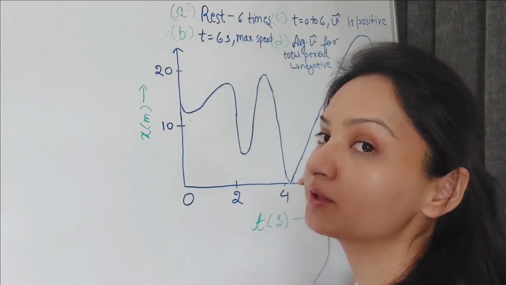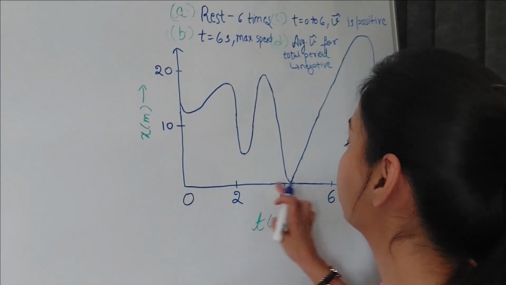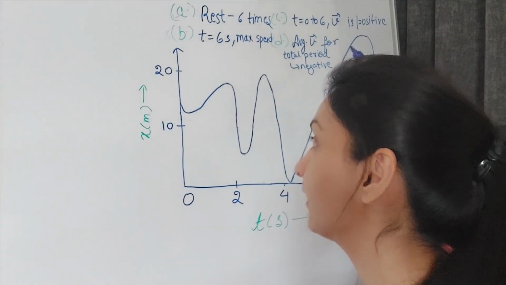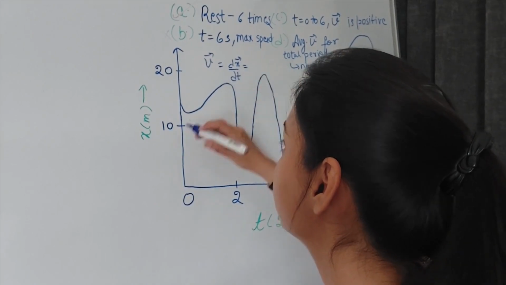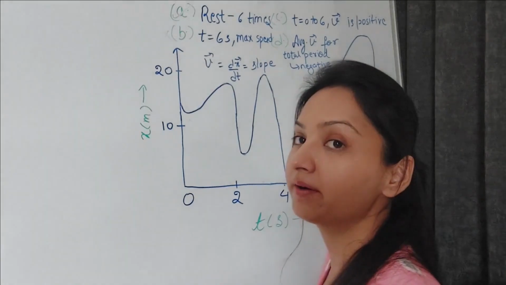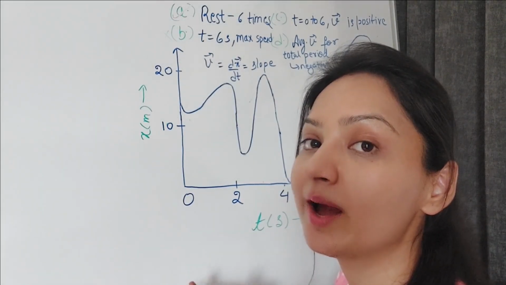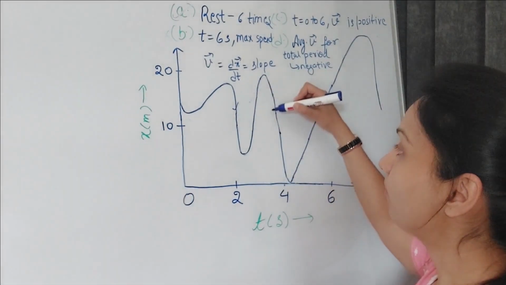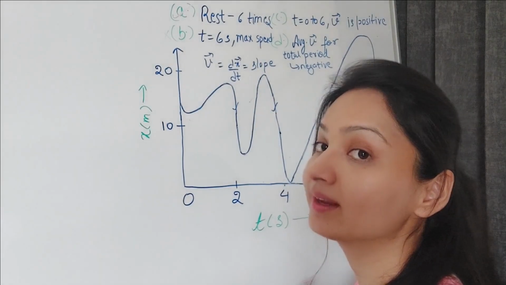Now coming to option C, it says that from t equal to 0 to t equal to 6 seconds, the velocity is positive. Again, velocity is dx by dt, which is nothing but the slope of this position time graph. So what can you observe from here? We have to check whether there are points of negative slope as well. And I can clearly see that all these points will give you negative slopes.